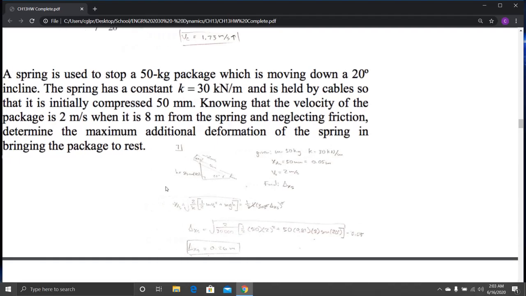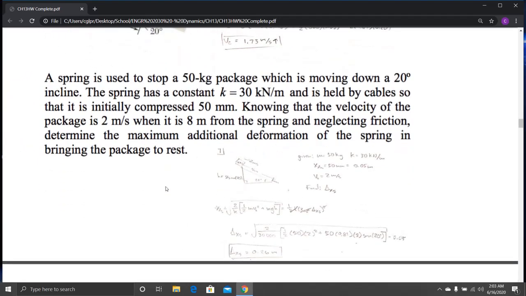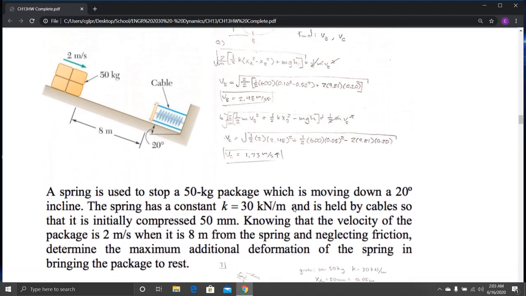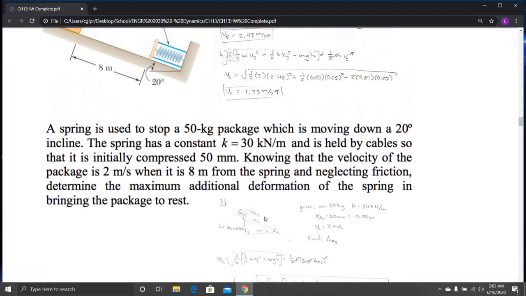which is pretty close to the solution in the solution manual, but it is slightly different. As I'm explaining this, I'm starting to realize why. I think the actual answer is 0.269 or something like that. But it may be because it's asking for the delta x when the package is brought to rest.